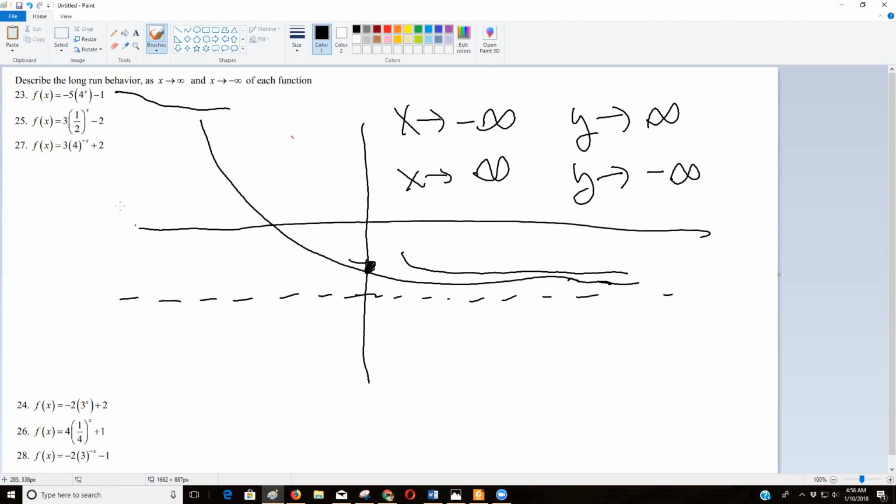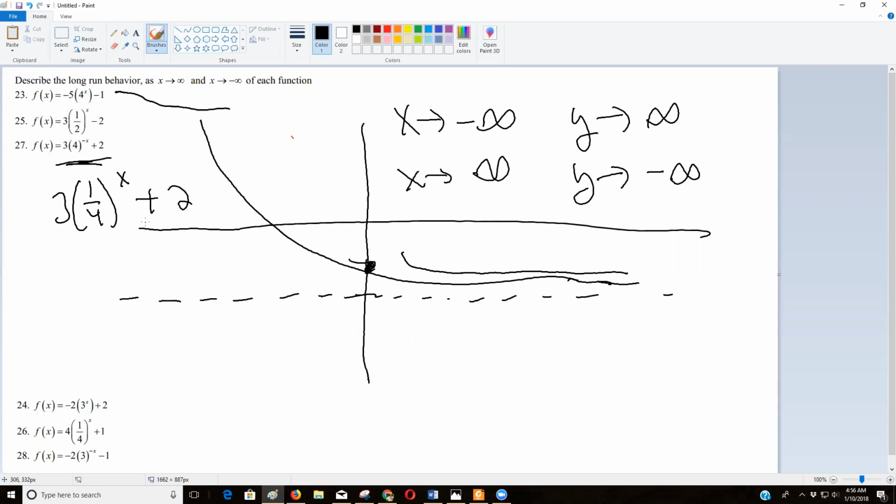Okay, how about this one? Let's think about this one without graphing it. Or maybe we do want to graph it. The negative exponent tells me that I can take the reciprocal of the 4, make it 1/4, and that lets me see that this is indeed a decay equation.